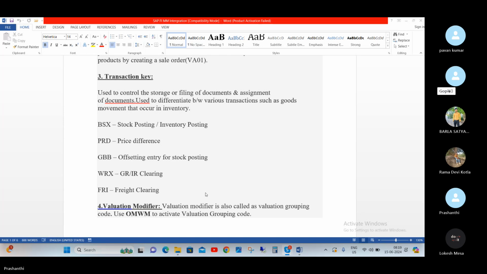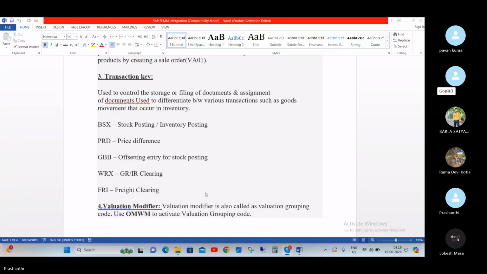So it controls the document, what movement types will happen. Based upon that only it will assign a transaction key, whether it is an inventory account. Okay, we'll assign that BSX.